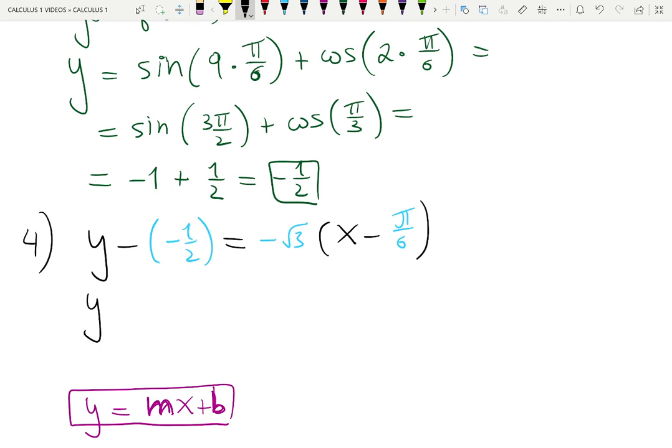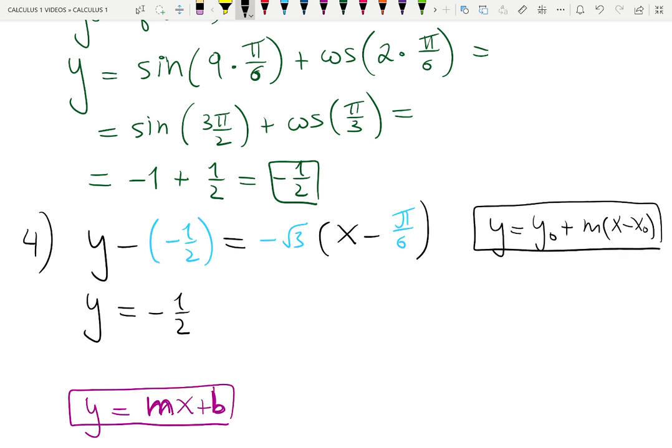So let's simplify. Y equals -1/2. Either you calculate it as 1 plus 1/2 and then move it to the right, or you just understand that the original formula can be written as y equals y sub 0 plus m times x minus x sub 0. Both ways are correct. Minus square root of 3 multiplied by x plus square root of 3 multiplied by pi over 6.